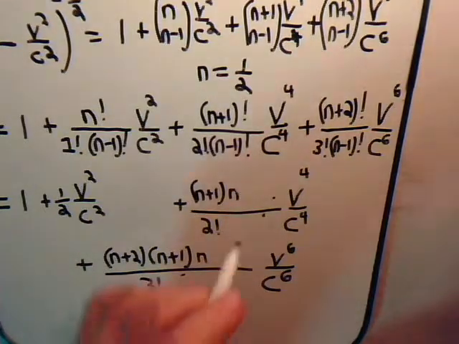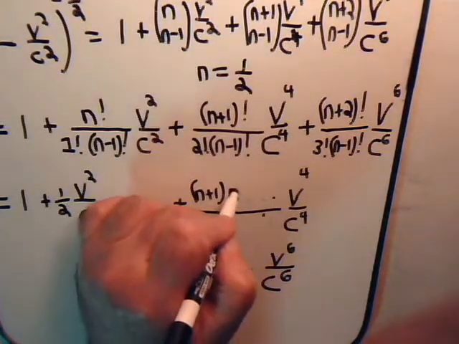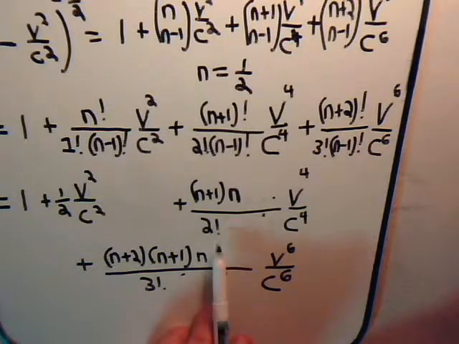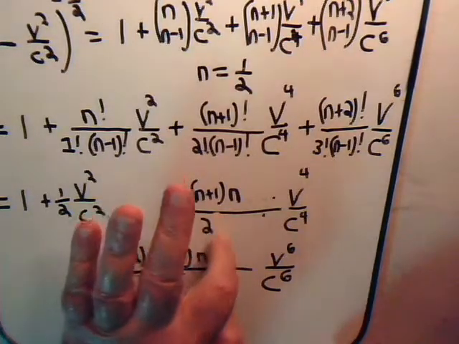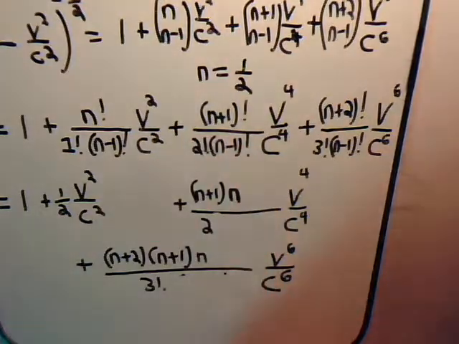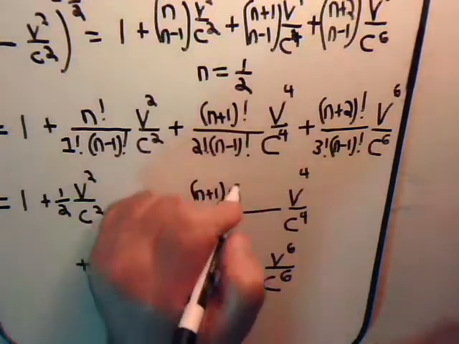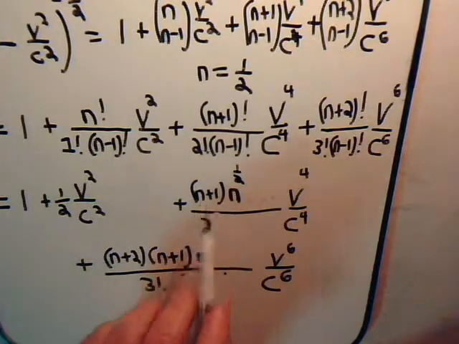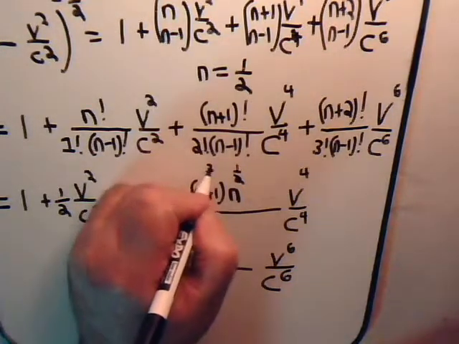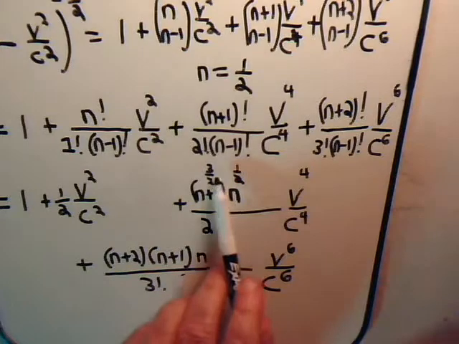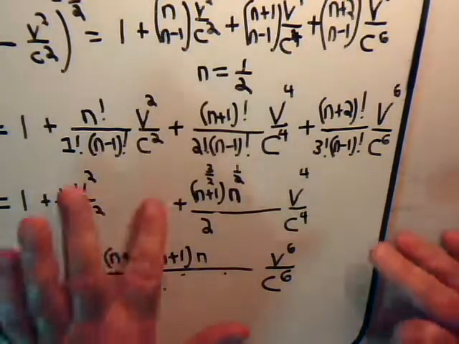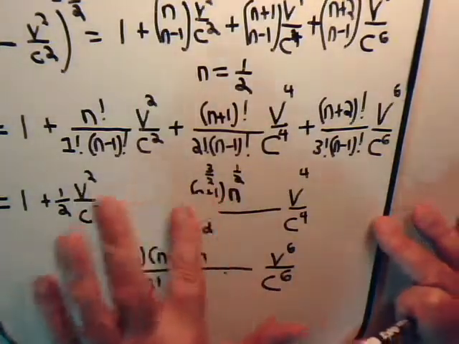And here we have n times n plus 1. 2 factorial is just 2. So here we have 1/2 times 3/2. That's 3/4, divided by 1/2 makes this term 3/8.